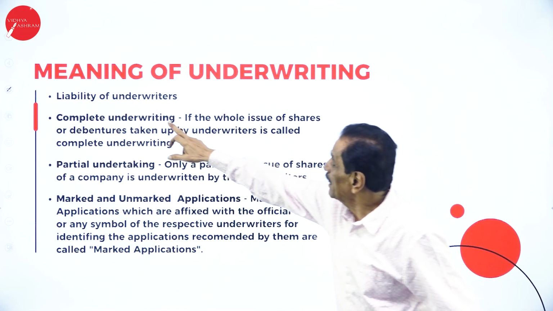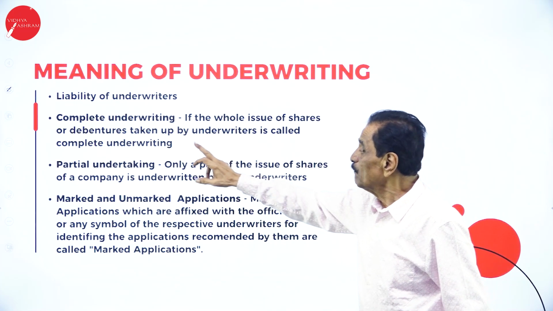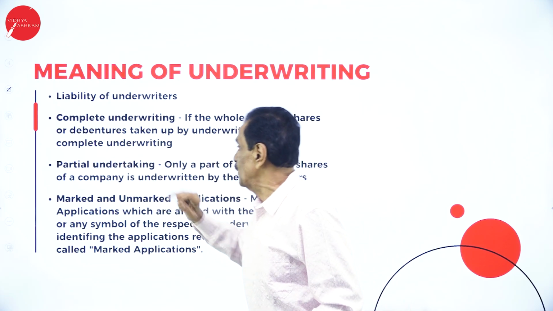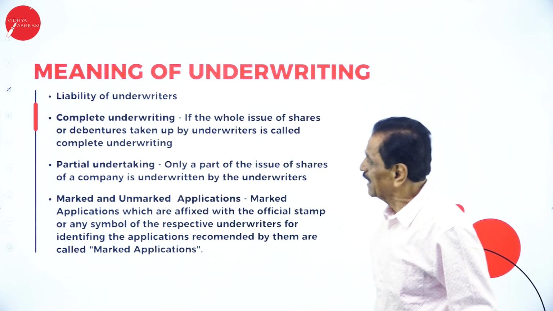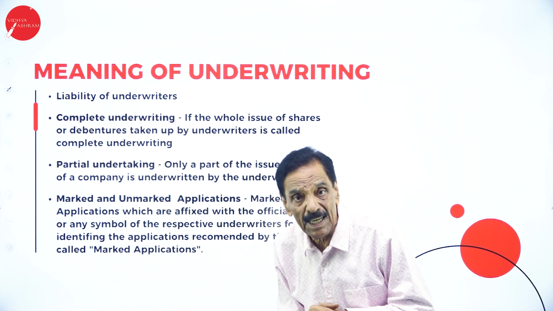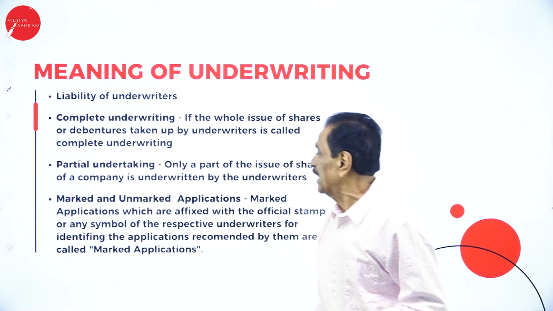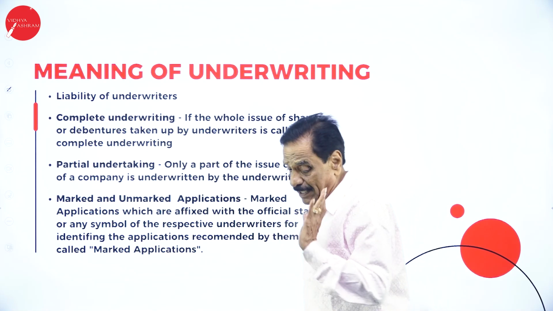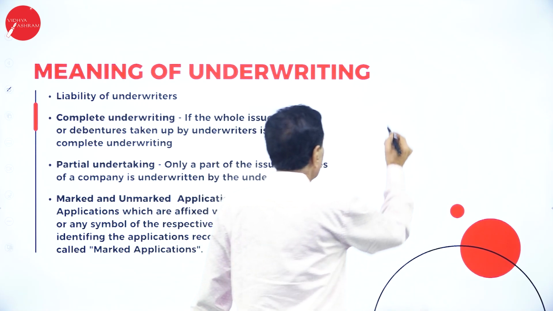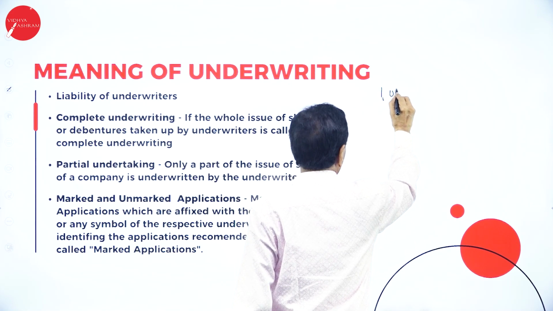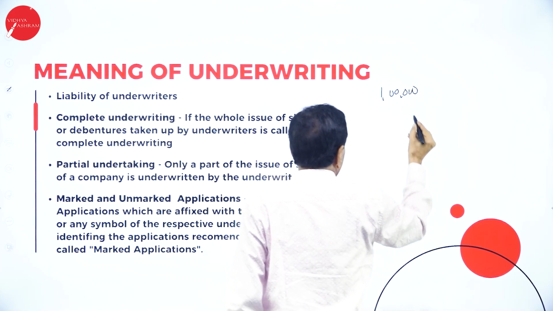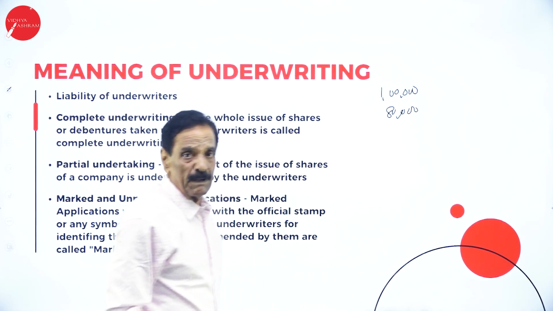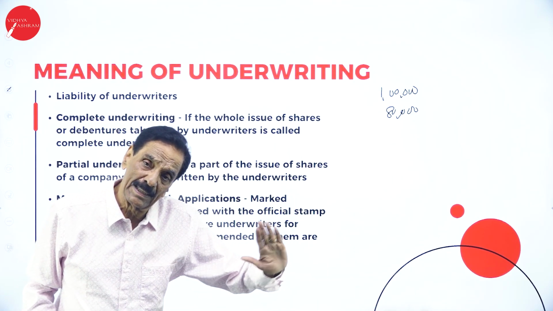Then, liability of the underwriters: complete underwriting. If the whole issue of the shares or debentures is taken up by the underwriters, it is called complete underwriting. Partial underwriting: only a part of the issue of shares is taken by the underwriter. I'll tell you. If the total number of shares is 1 lakh, and 80% is taken by the underwriter, it is called partial underwriting.